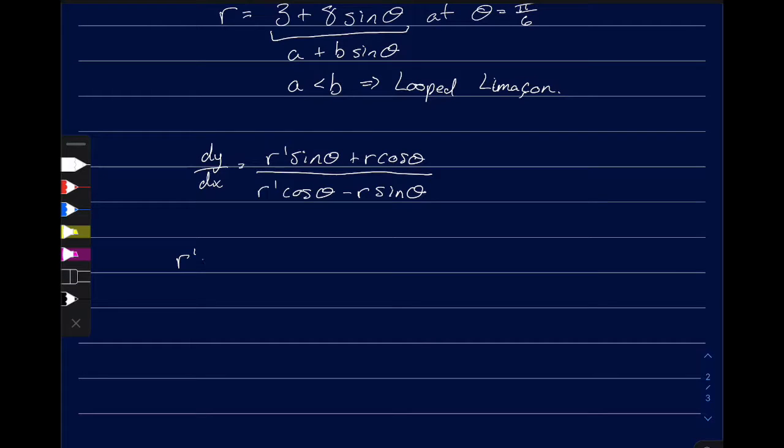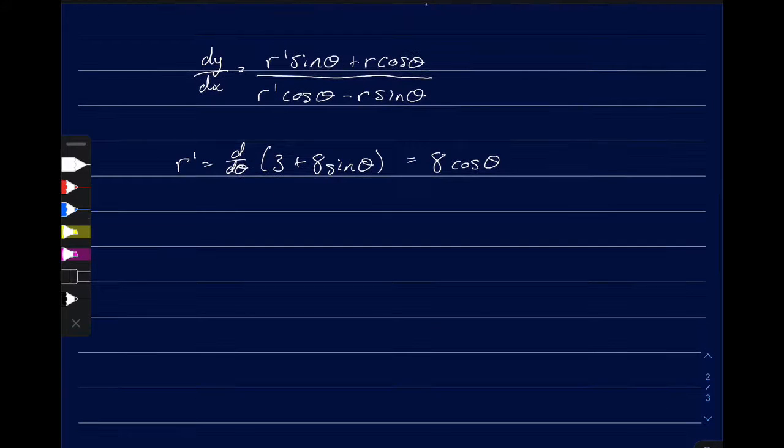So let's first start by finding r prime. So r prime is going to be equal to the derivative with respect to theta of 3 plus 8 sine theta, which is just going to be 8 cosine of theta.